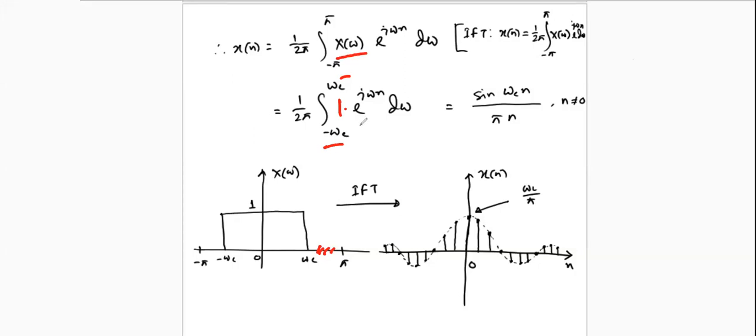That is the main reason why we are always interested in writing e to the power j omega n, rather than cos omega n plus j sine omega n. In that case, you need to do a lot of math. So if you can convert it simply to e to the power j omega n, that gives us a huge advantage for mathematical purposes.